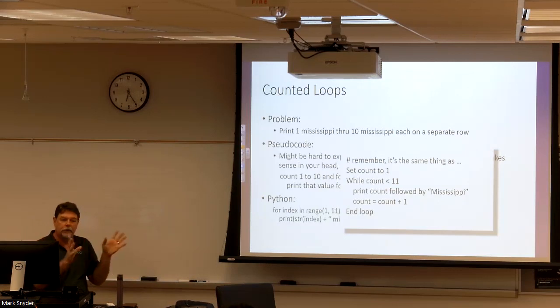Whatever you're testing has to be true. Remember we talked about Boolean conditions? You know, if X is equal to 5 or if Z is less than 10, whatever your expression is, it has to be true to keep looping.